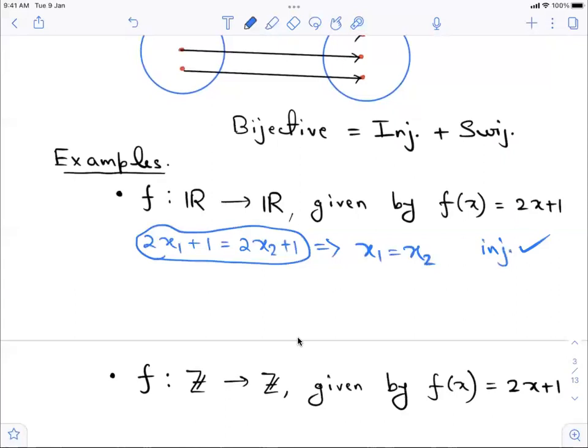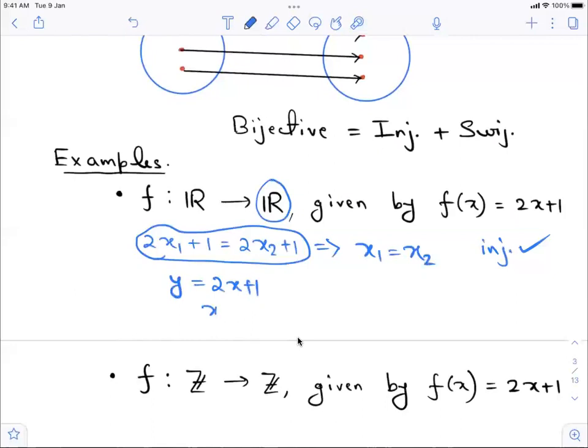How about surjective? Once again, like I said, I have to check whether every element in this codomain space is an image. So I take a y in the codomain space, and I have to check whether it's an image of some x in the domain. That means I have to check whether y is equal to 2x plus 1. So you have to solve for x.